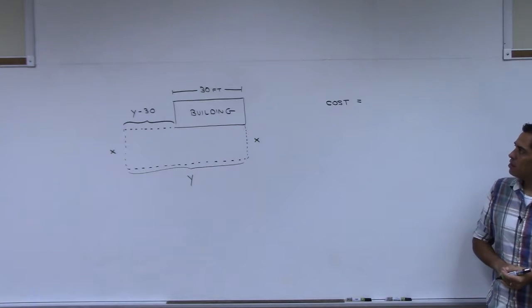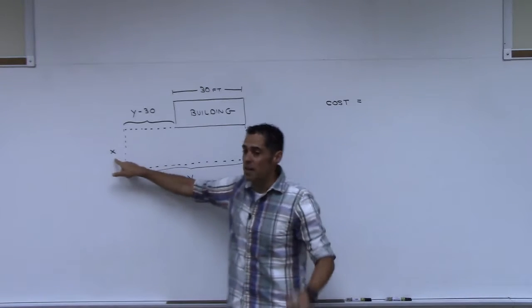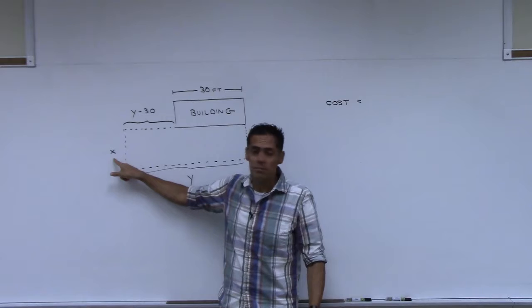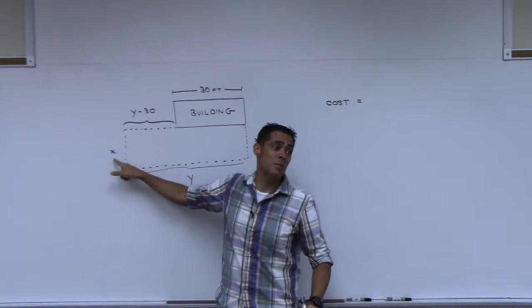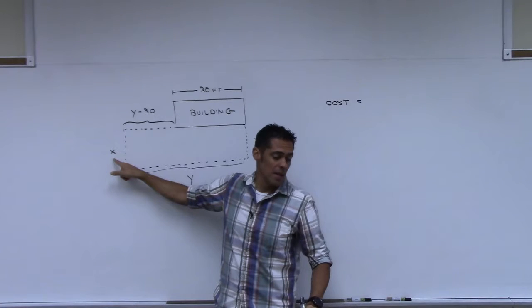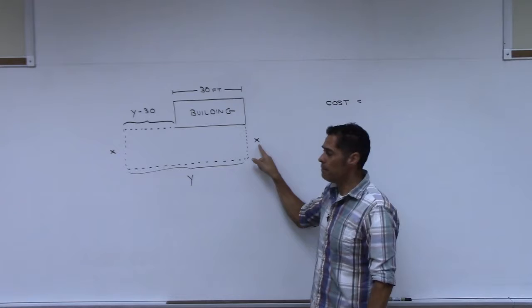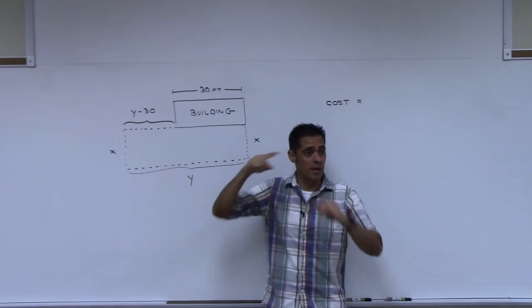Okay, so now let's talk about the cost. This is going to be metal fence. This is going to be metal fence. How much does it cost me to build metal fence? That's my budget. That's how much money I have for the project. It's $9 per foot, right? So if this is X feet and this is X feet, then together that's 2X, right?